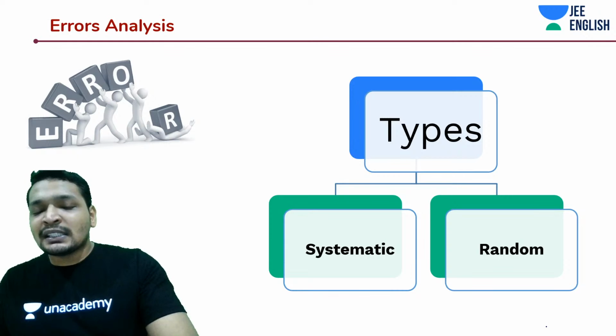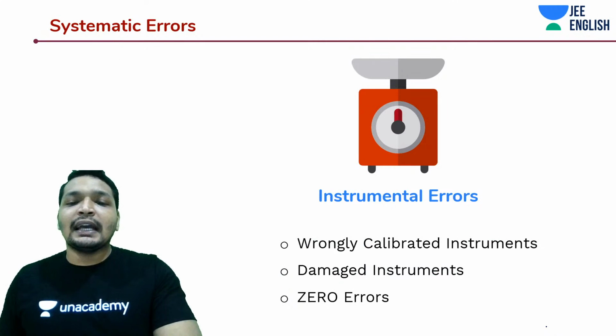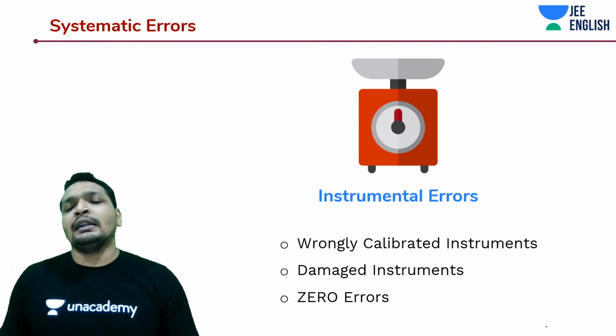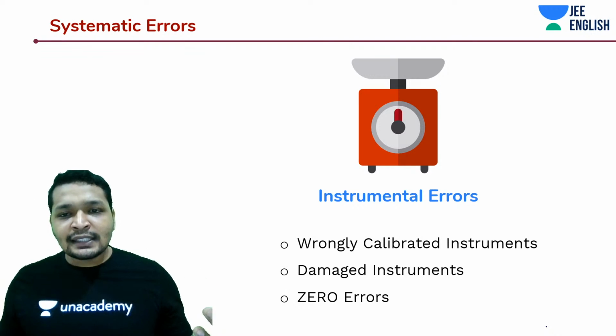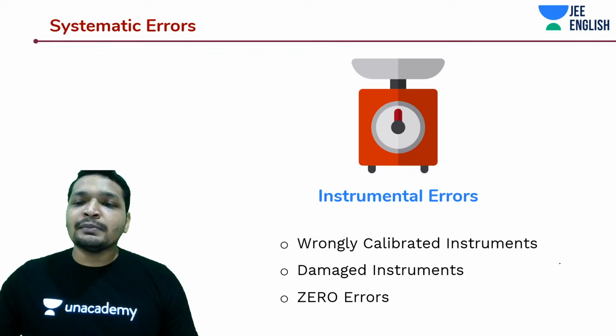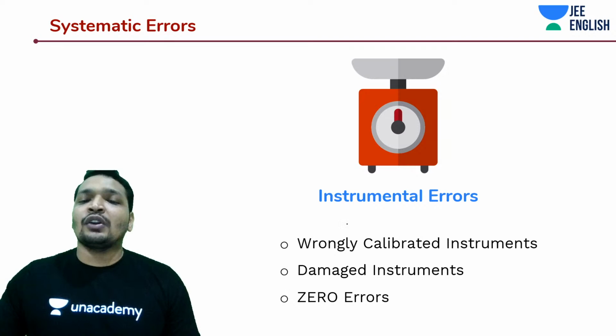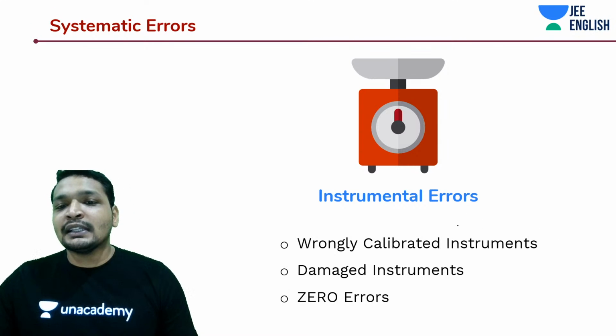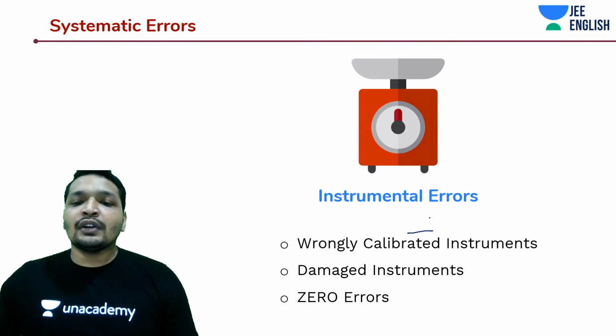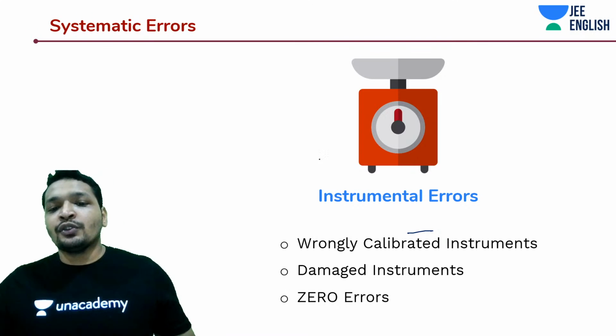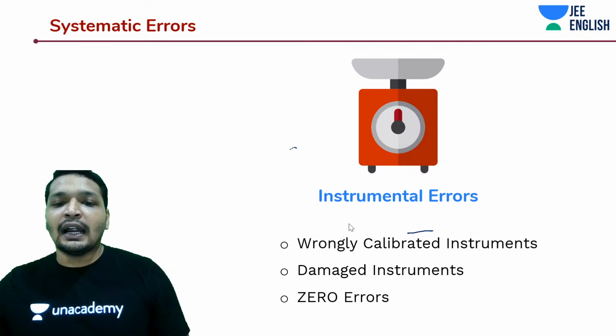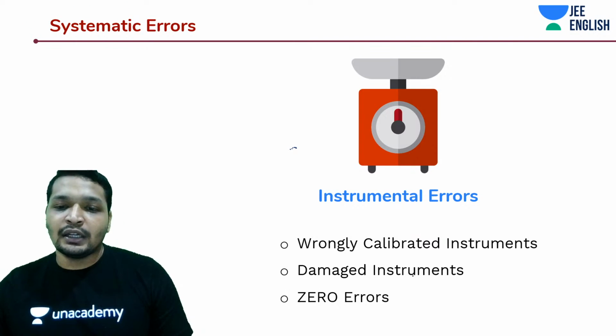So when I'm talking about systematic errors, what are those systematic errors? For an example, your instrumental errors. You have a weighing scale, and that weighing scale always measures 6 kgs instead of 5 kgs. That is an instrumental error, because your instrument is wrongly calibrated and it cannot measure things accurately.